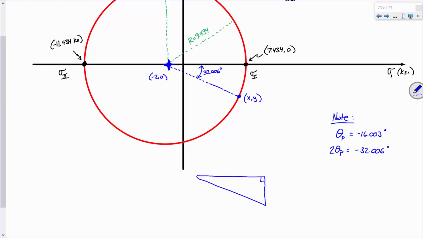And what is this? 9.434. This is 32.006 degrees, right? So, can you all do the trig and tell me what are the x and y lengths of this triangle?